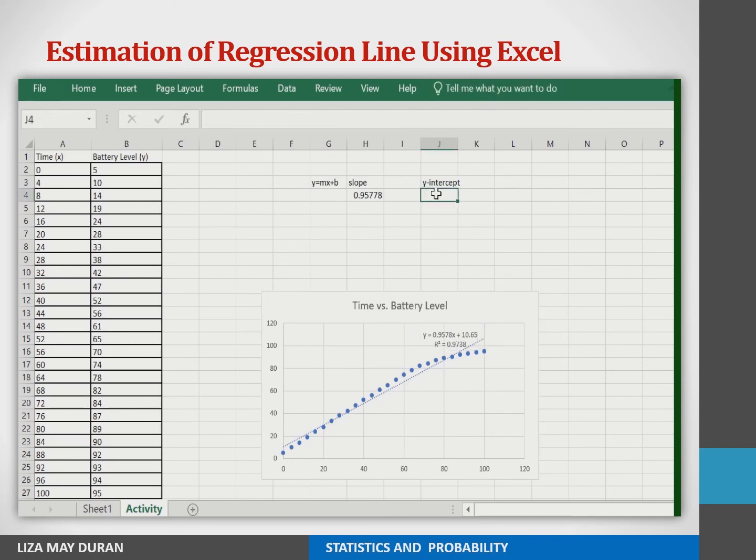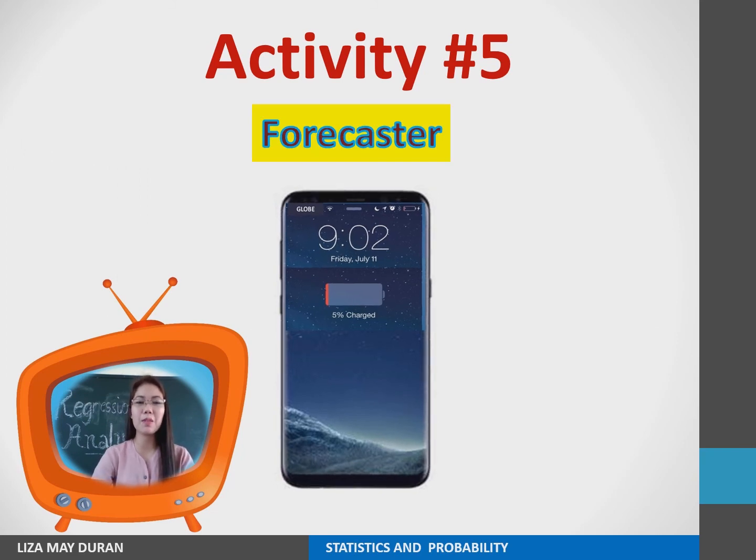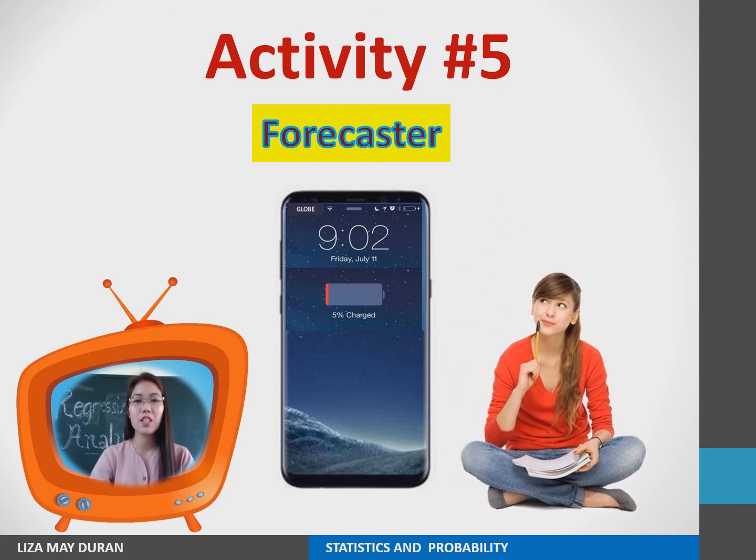For the y-intercept, we use the INTERCEPT function, and again you select the y values from 5 to 95 and the x values from 0 to 100, and then enter. So that's it. You have your y-intercept given by 10.6496.